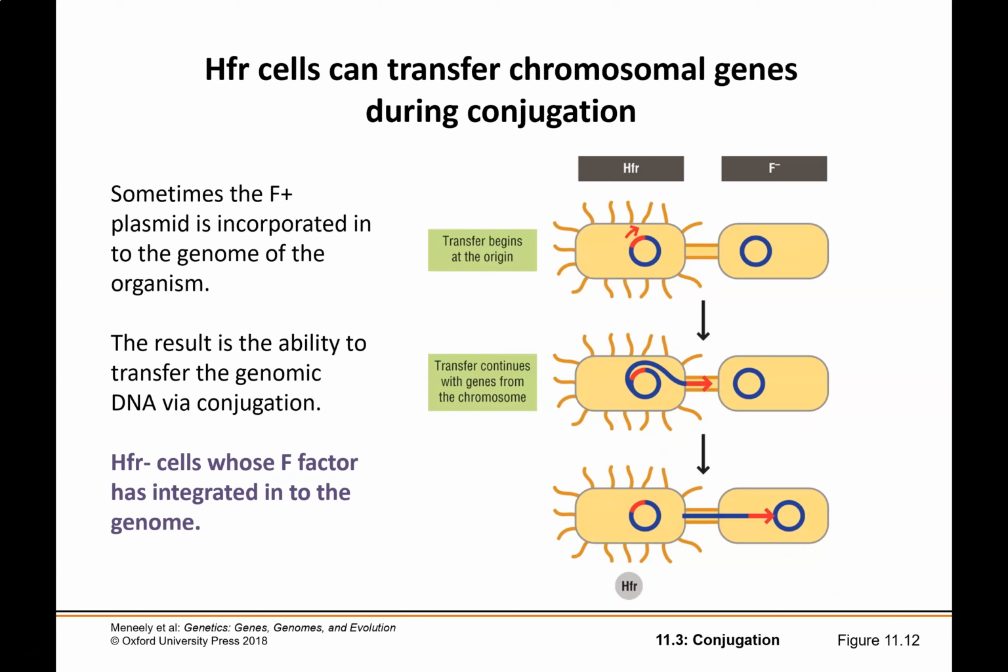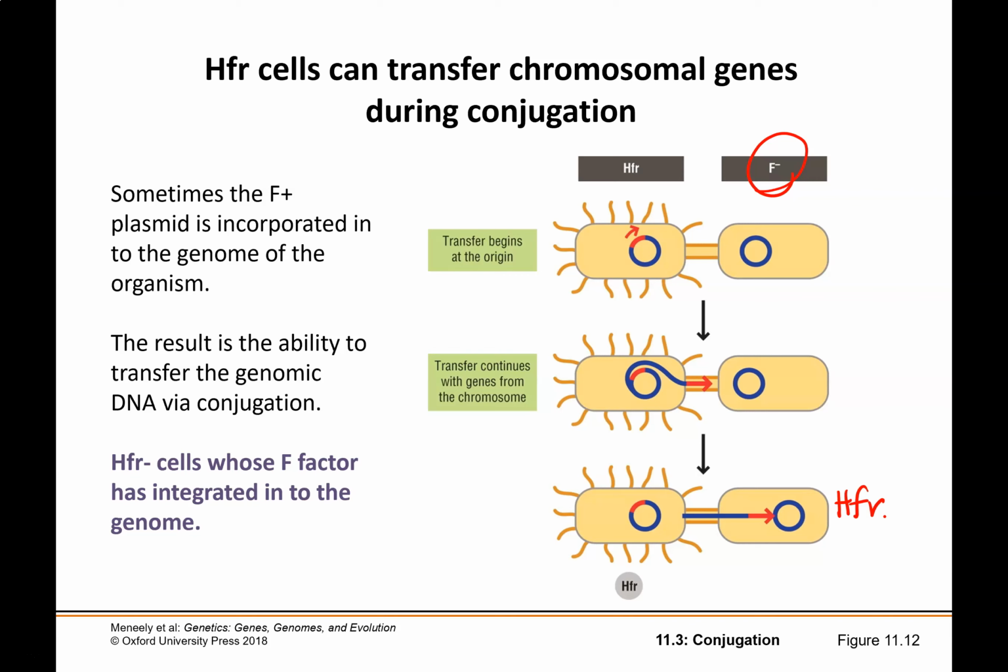Really this slide is just a summary of this HFR cell transfer. When the F positive plasmid is incorporated, it converts this F negative cell into a cell that is now HFR.